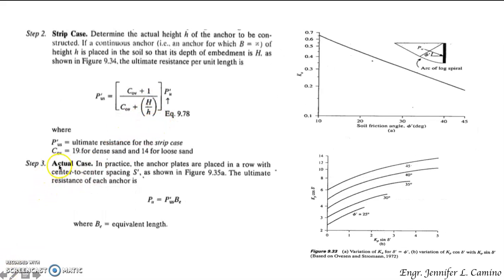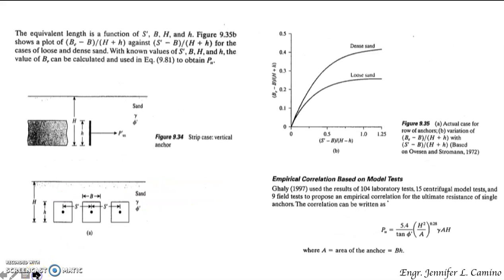So step 3, actual case. In practice, the anchor plates are placed in a row with center-to-center spacing S prime, as shown in the figure. So this is the actual case for the anchor.